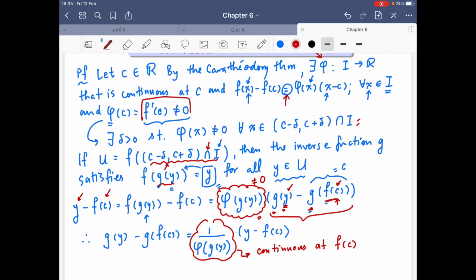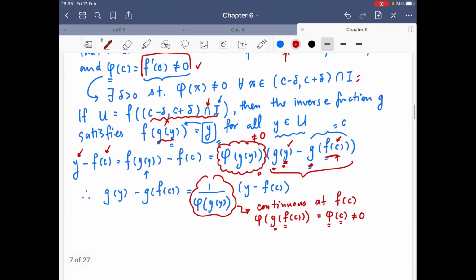This is because your f and your g are inverses of each other, so what you end up with is phi of c, and this phi is continuous at this point c, and it is not 0, as we assumed before. So this one, the 1 over phi, is actually continuous at this particular point f(c).